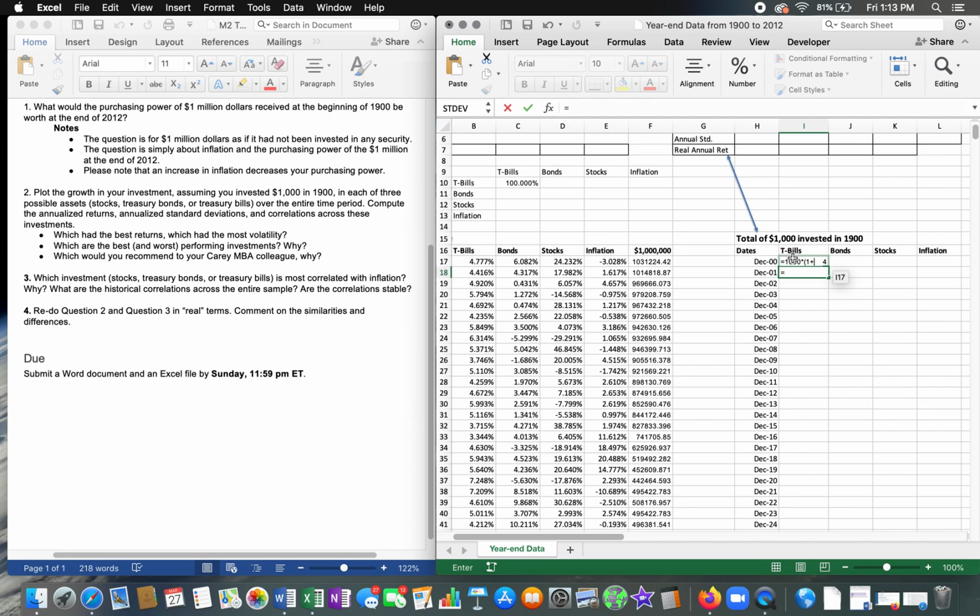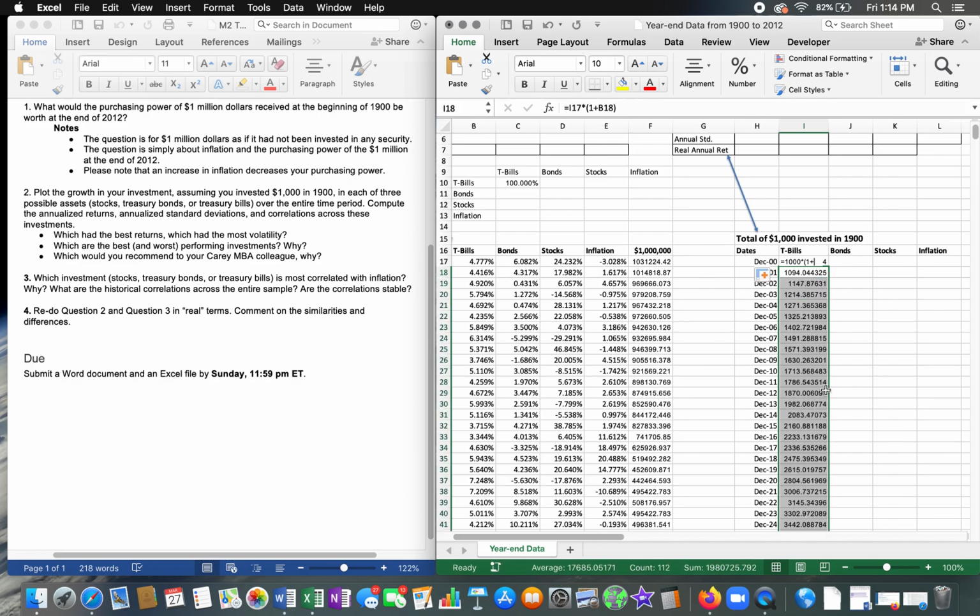Instead, we're going to do equals this cell times 1 plus the rate. And the reason we have to do this is because it's a variable rate. Each rate right here is different. We can't just do 1 plus r to the t. We have to enter each rate separately, and then just click it down.